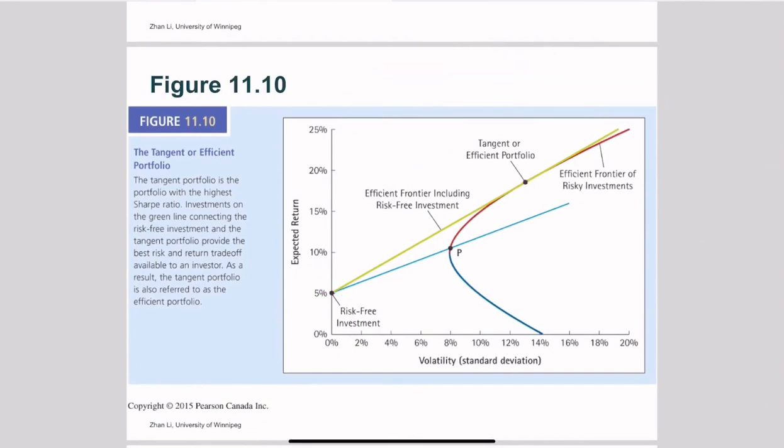So basically we said, okay, if you have a tangent portfolio here, and you have a risk-free investment here, then this line gives you the efficient frontier, right? So now we know that market portfolio is the tangent portfolio. So we could actually directly call this portfolio the market portfolio.